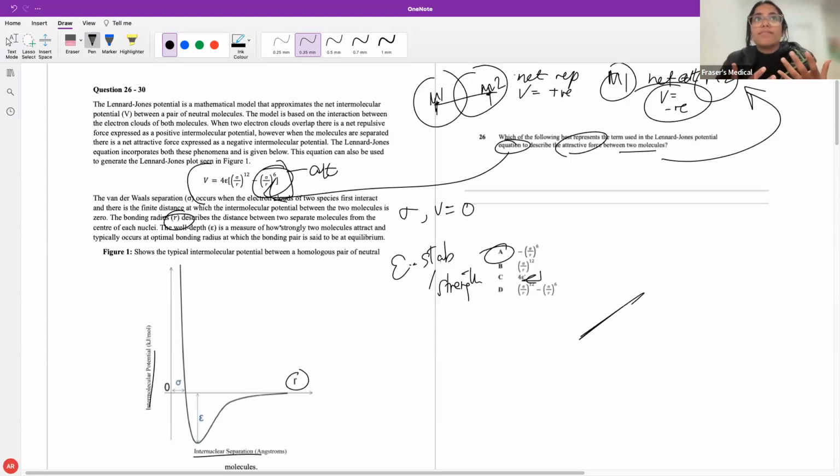It doesn't tell me anything about whether it's attractive or repulsive in nature. It's just about the strength of attraction between two molecules. That's two logical jumps away from the stem itself. So I would go for the first conclusion I can make logically from the information I read: what's negative within the equation, this part here. So therefore, A must be my answer.